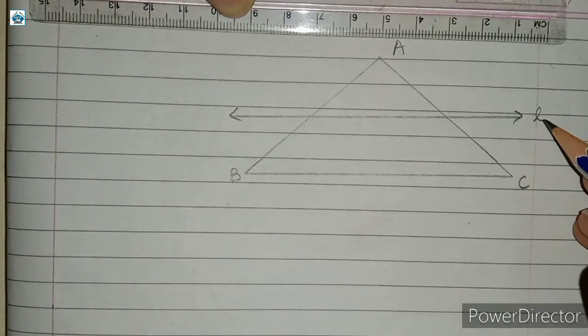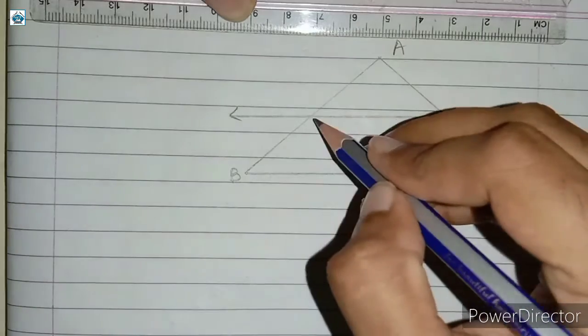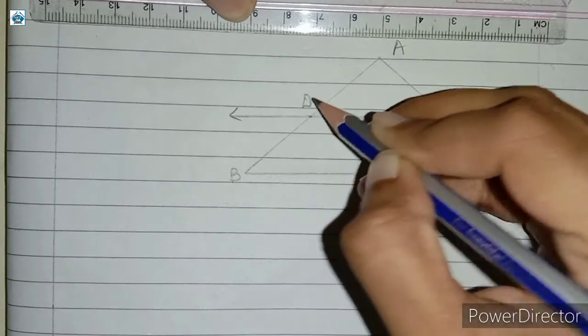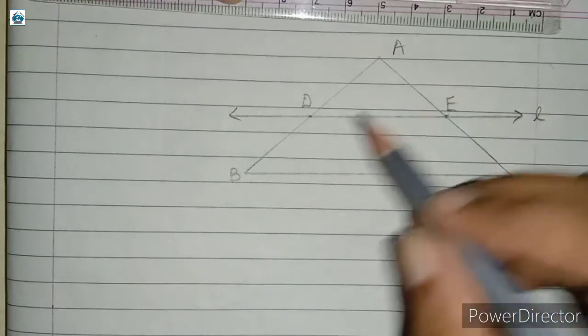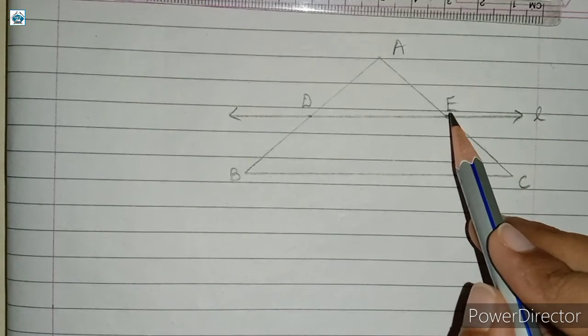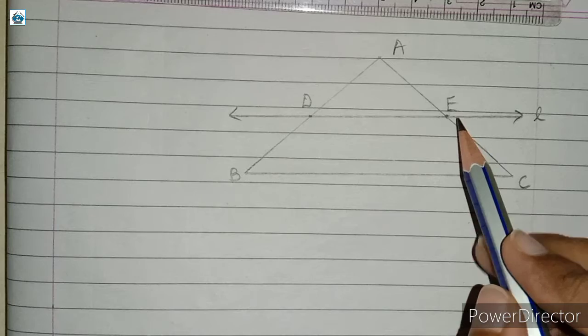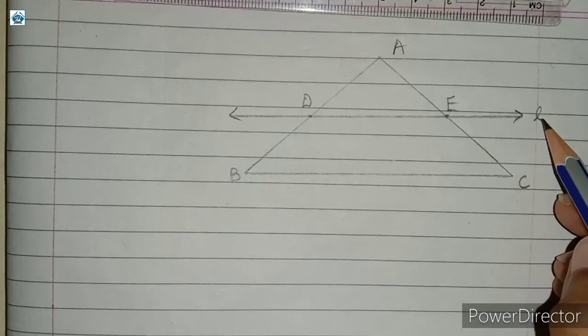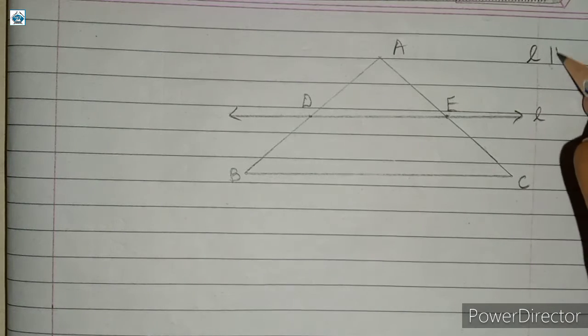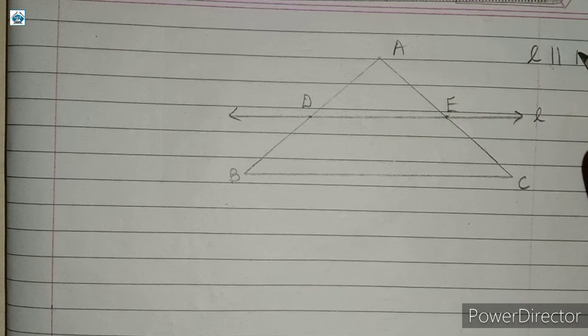Line L is parallel to BC and it intersects side AB at point D and side AC at point E. So here D and E are the distinct points formed because of the line L, and line L is parallel to the side BC, right?